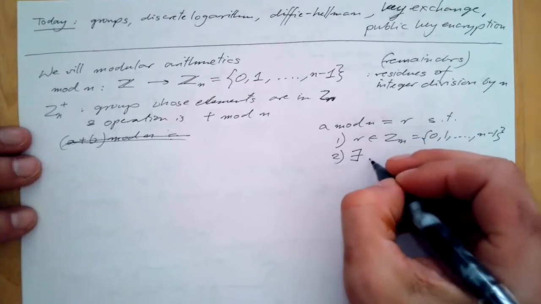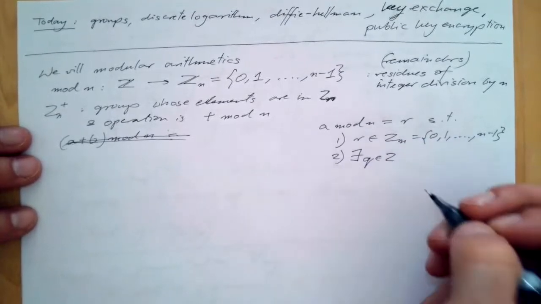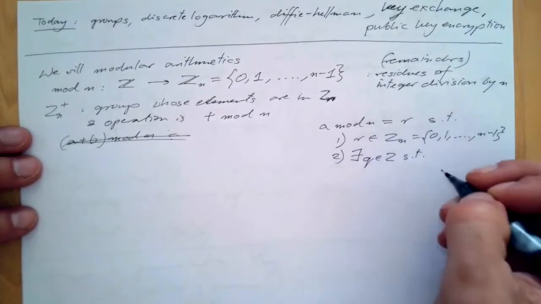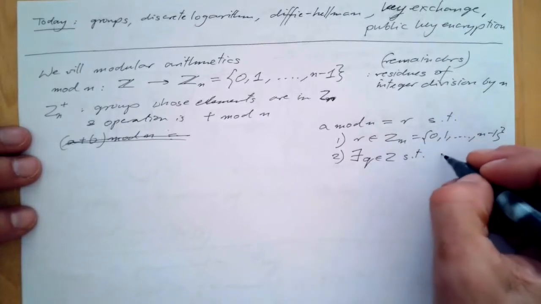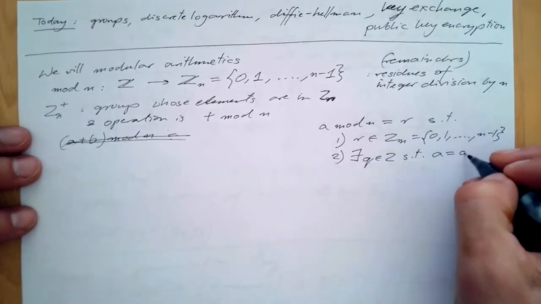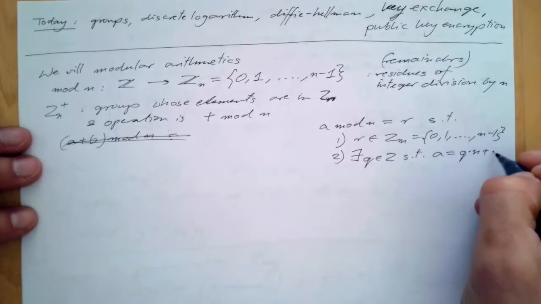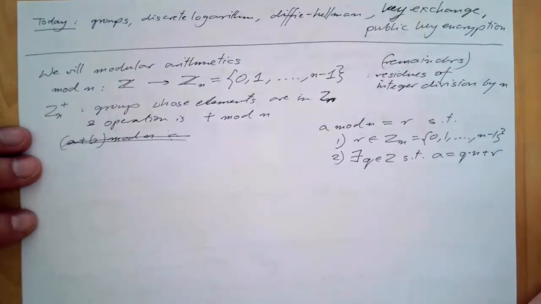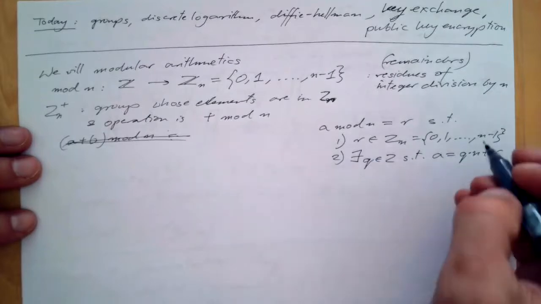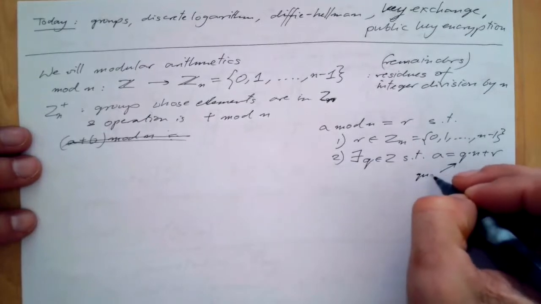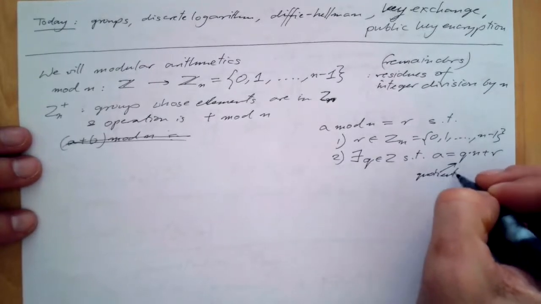Secondly, there exists a quotient, which is also an integer, such that a can be expressed as q times n plus r. And this r is unique, right? So this is the quotient, and this is the remainder.